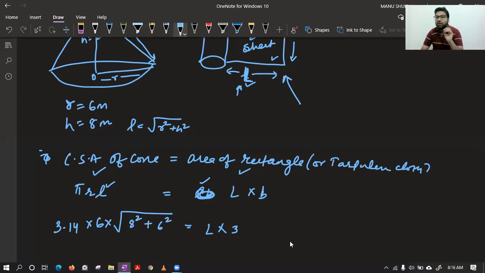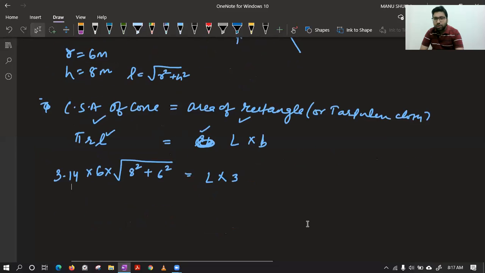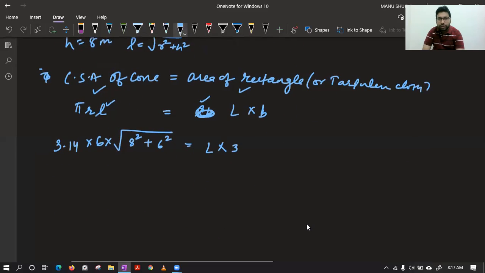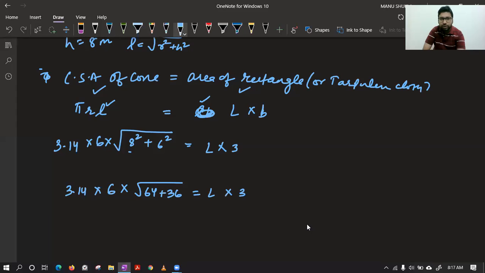Now, this is the final equation, and I hope everyone is clear about this. Anuranjan, you had a doubt in this question. Now is it clear to you? Please tell. Okay. Now let us try to find this: 3.14 into 6 into root of 64 plus 36 is equal to L into 3.